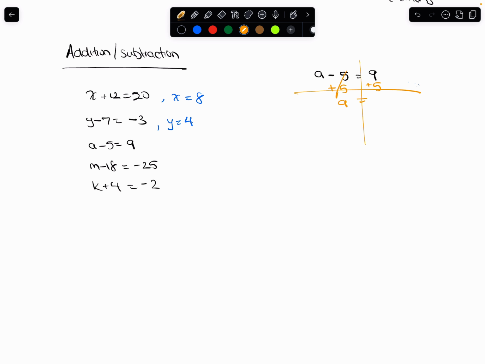A is by itself now. Same sign, so we just add 9 plus 5, 14. And the sign stays the same because there's no change in the sign. So here, a is 14.